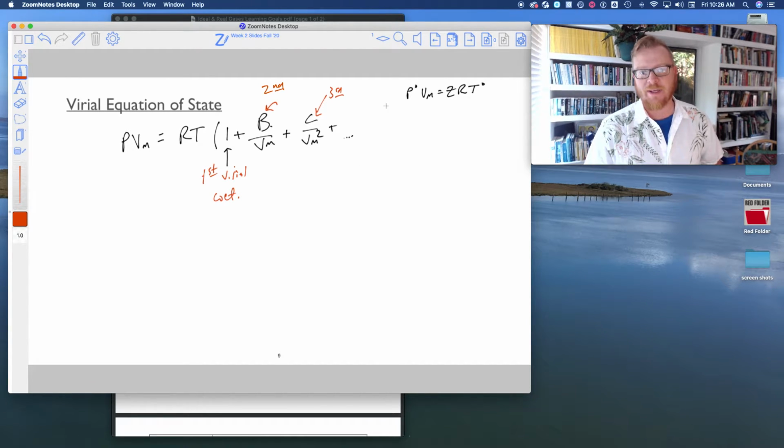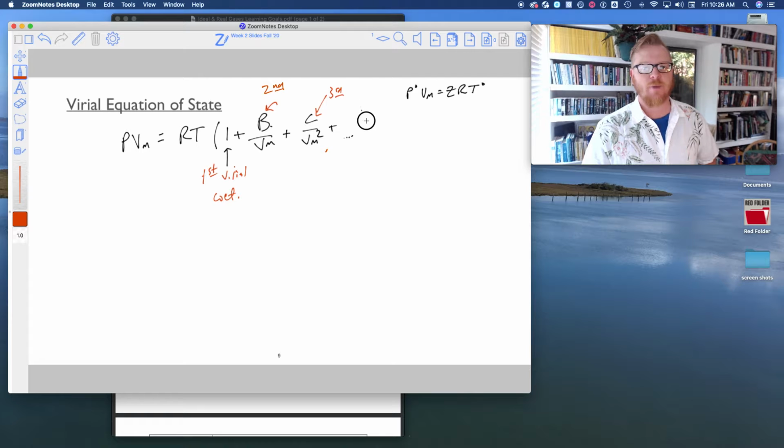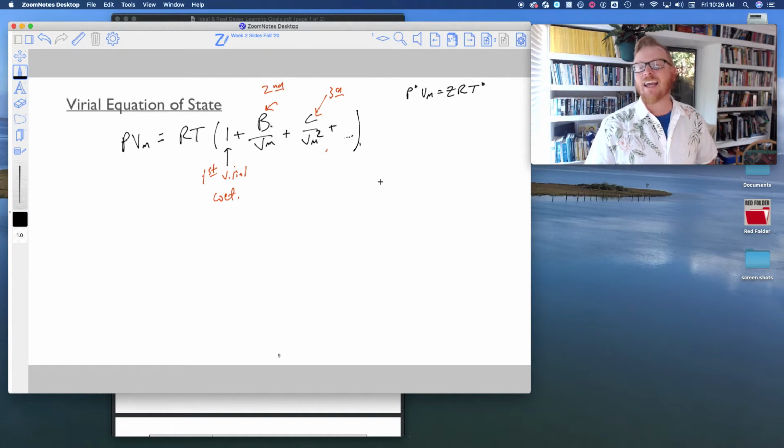The fifth coefficient would be E over Vm to the fourth power, if we needed that. But of course, in these expansions of powers, we only put as many of those terms as we need based on the precision we're trying to achieve. Okay? So let's rearrange this a little bit.